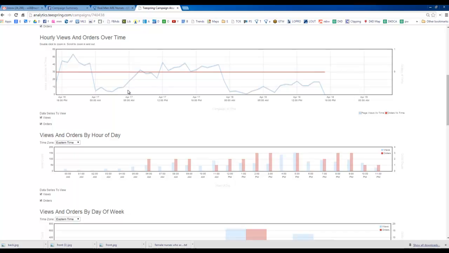Views by time of day, you can see there's a big boost right around 6 to 7 a.m. through to 11 p.m. It really drops off at midnight. So this is probably where we want to chase it to, about 11 o'clock.